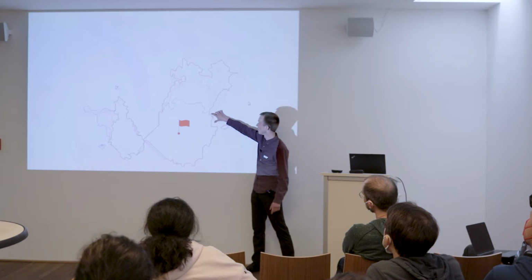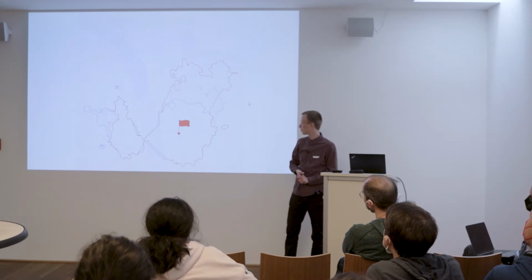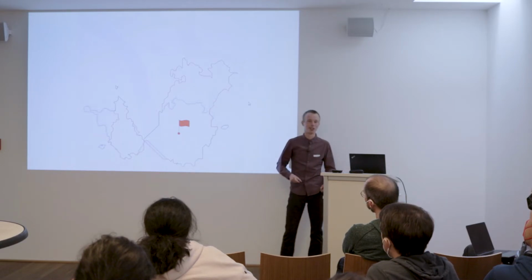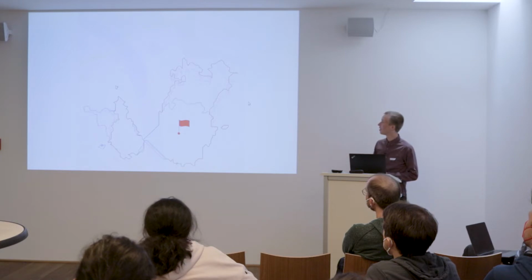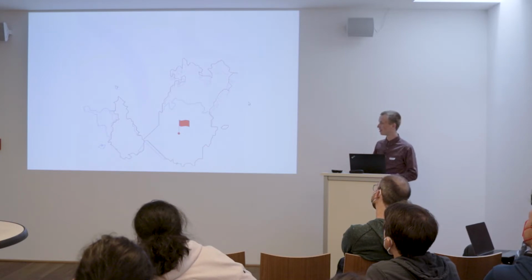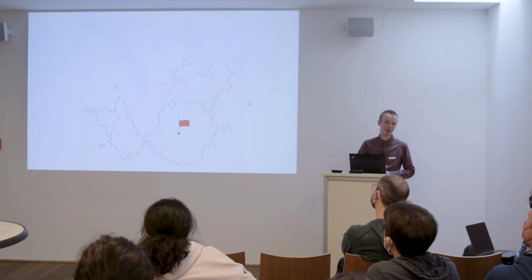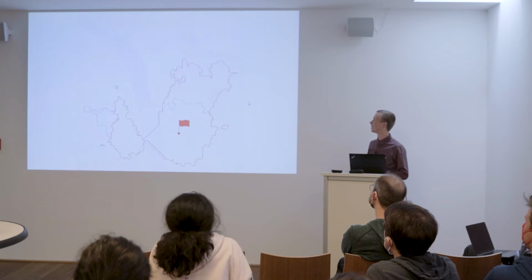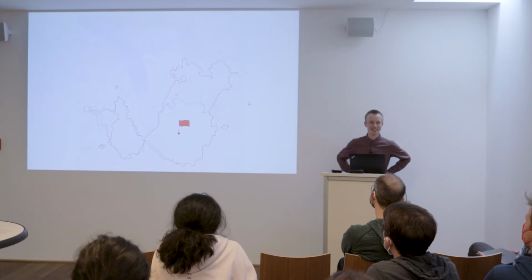So these parts here, which do not need to be morphed, are still morphed just because there are no segments left to be matched. This is still work in progress. These are our current results, but I think it looks quite promising.